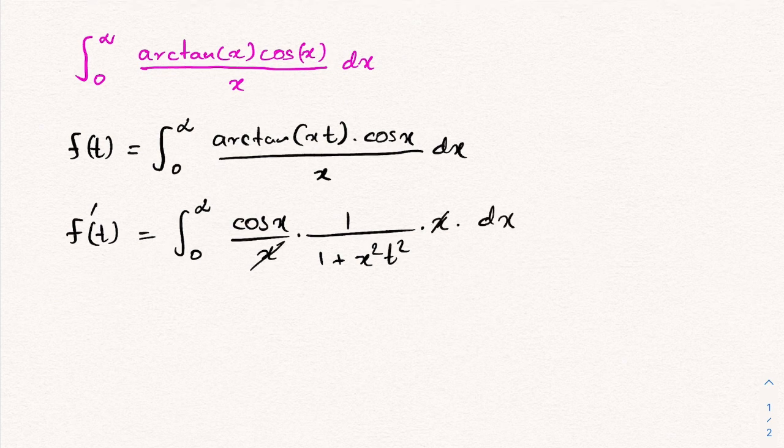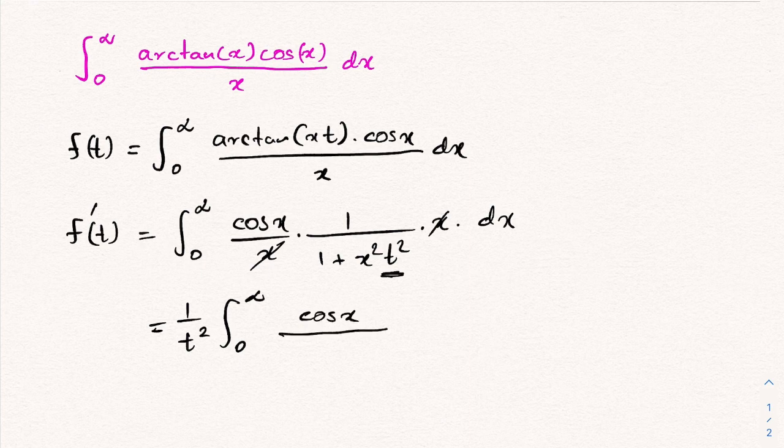Now we know this x gets cancelled. So as the next step here we have t square. I'm going to take 1 over t square as a common factor, and it's a constant so we can take it outside of the integral sign. So here, integral from 0 to infinity of cosine of x over 1 over t square plus x square dx.